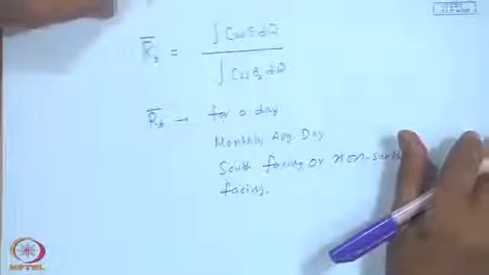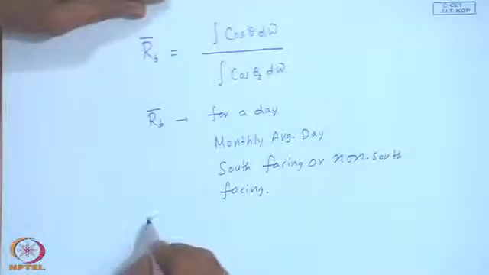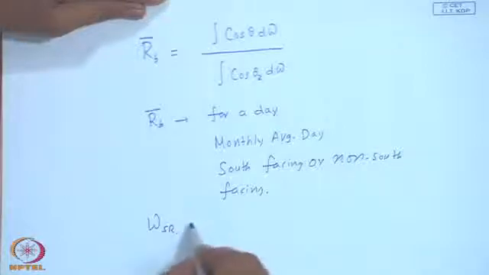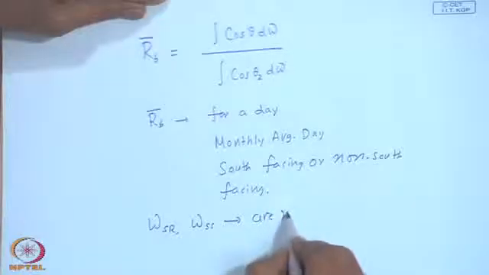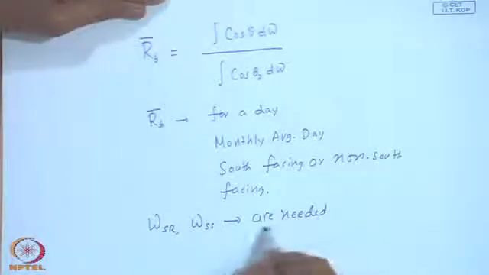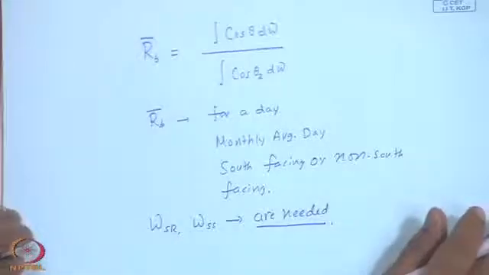So, we shall try to evaluate the so called omega SR and omega SS, which are needed. So, we have a method of calculating the tilted radiation for an hour. We have it for a day, which works well, and we will examine how it performs for the monthly average day and how we estimate the so called apparent sunrise and sunset hour angles for the tilted surface. Thank you.